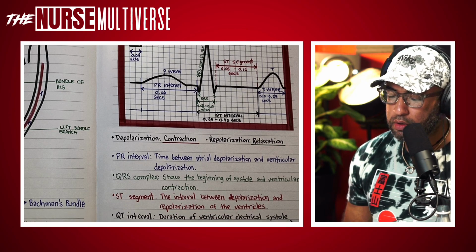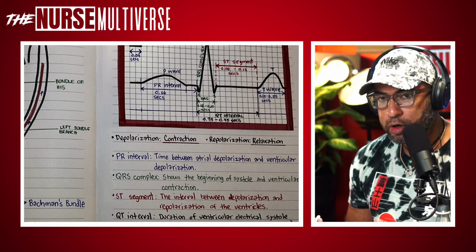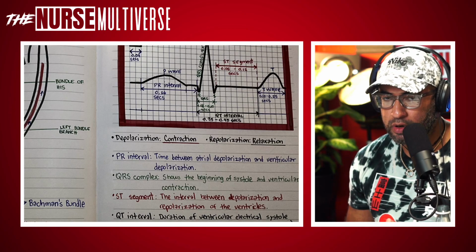These numbers matter when you are taking care of a patient with a problem with electrical activity. The ones we're going to touch on very lightly are AFib, A flutter, and different conduction problems, because we're going to do a podcast on that. So when you have AFib or A flutter, there's a conduction problem between the SA and the AV.